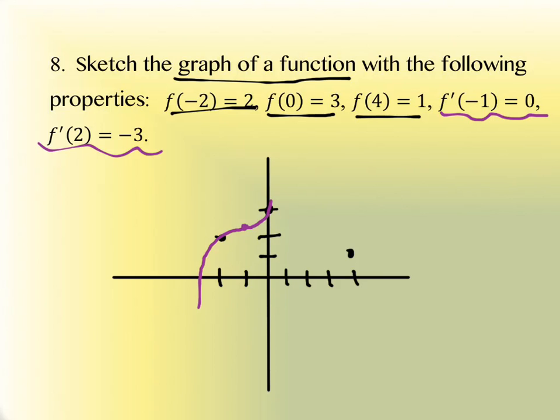All right, so here's where mine was. The other piece of information it tells us is that at x equals positive 2, I have a slope that says negative 3. The derivative is negative 3. So what does that tell me has to be happening to my graph? Yeah, so the graph has to be going down because the slope's negative.